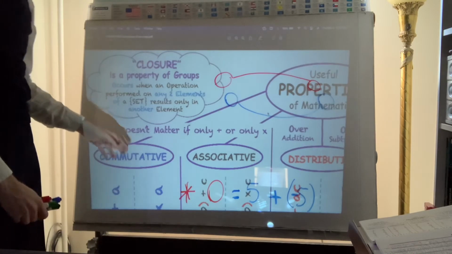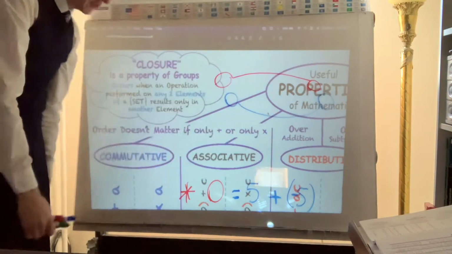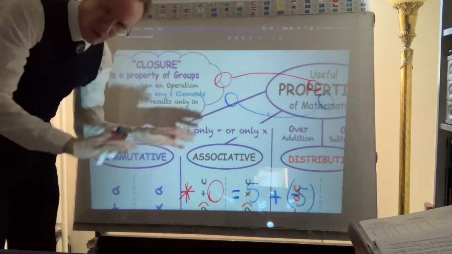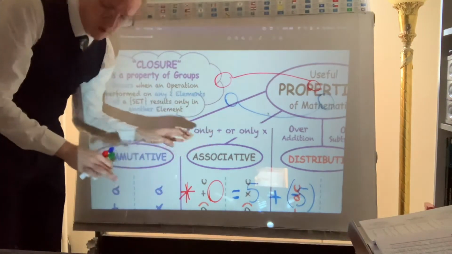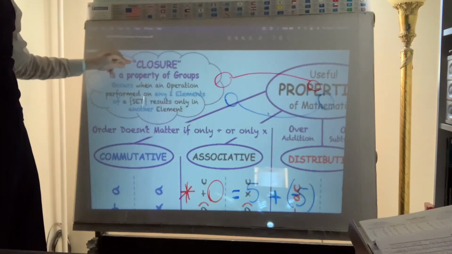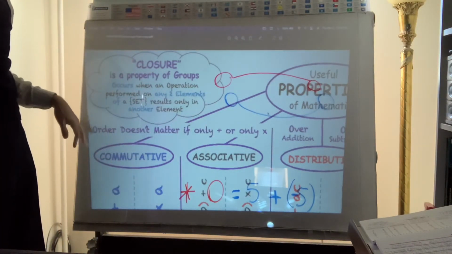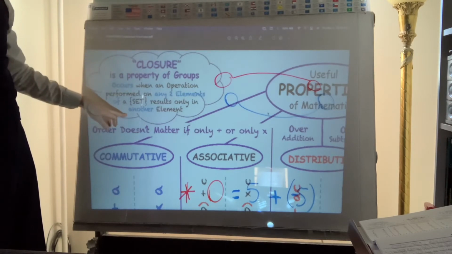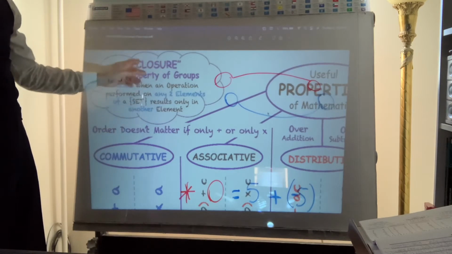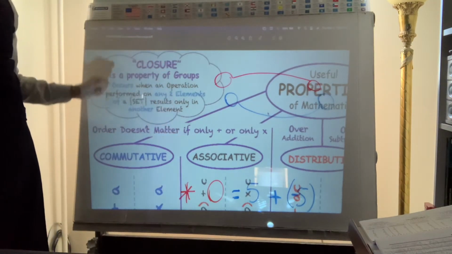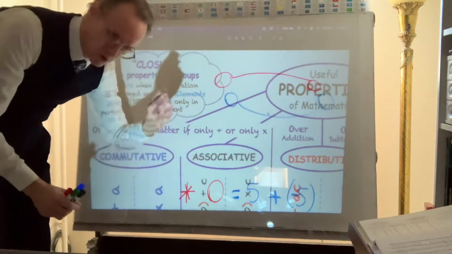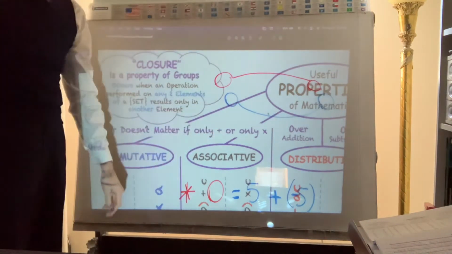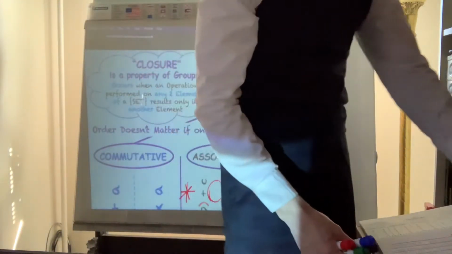Closure is maybe the most alien of these, in my opinion, because you don't use it too often, but it's the first criterion of the 4 criteria, and it might be the most confusing because it's the most verbose in describing it. When the operation only results in producing more of the same type of thing, then you have closure. I want closure. Sounds like a TV show, right?